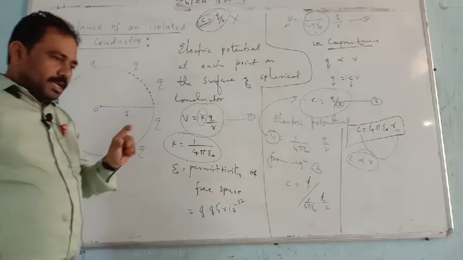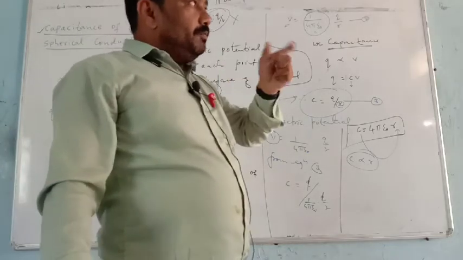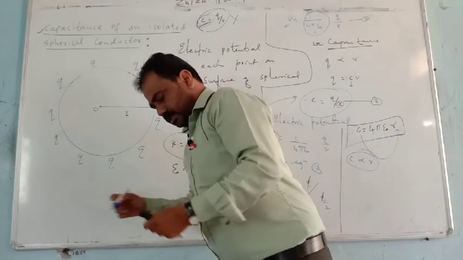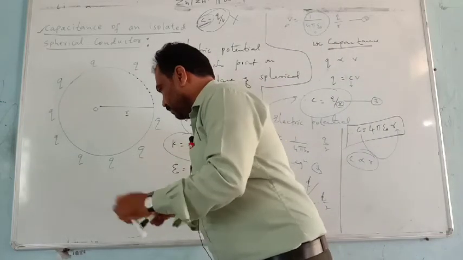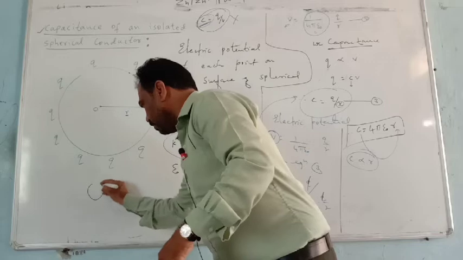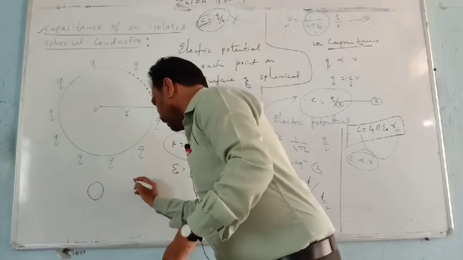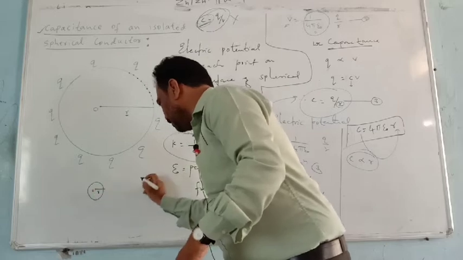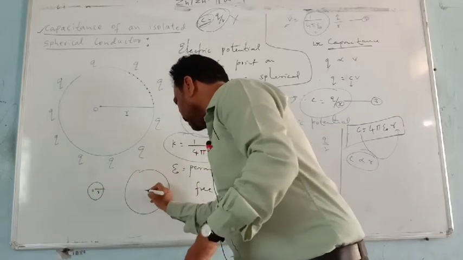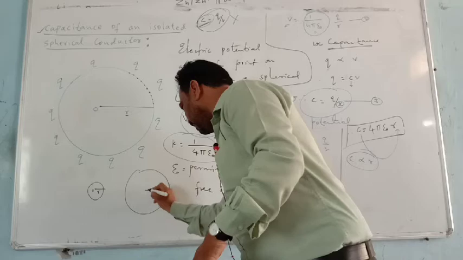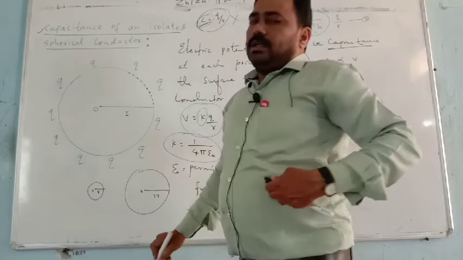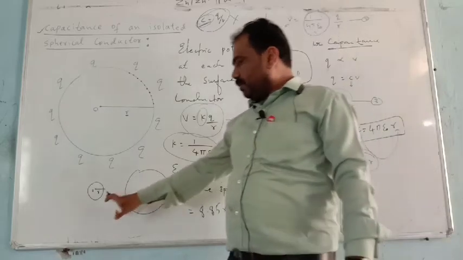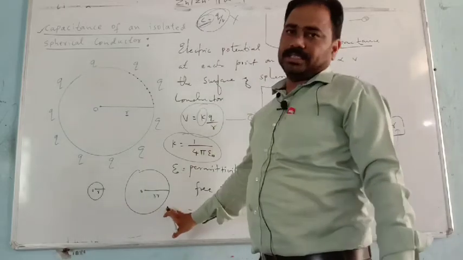Suppose we have two spheres: one is a small sphere which has radius R with center O, and another sphere with radius 3R and center O. Now the question is the capacitance of the small sphere as well as the large sphere.